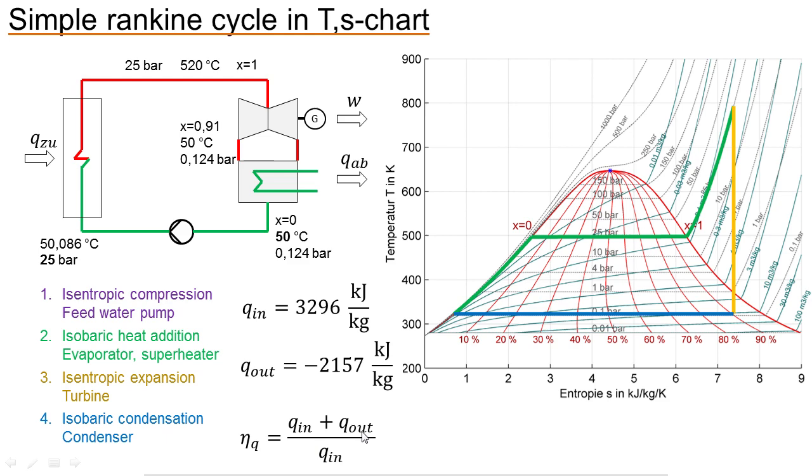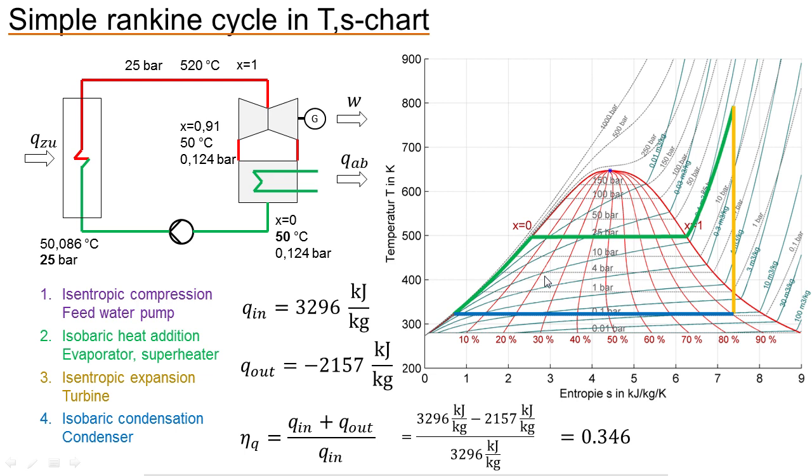You just look at how much heat you get out by taking what you get in minus what you get out, but you have to make an addition here because you have a minus here, and divide it through the whole energy you put in, and you get an efficiency of 0.346. This means 34.6%. This is the efficiency of this.